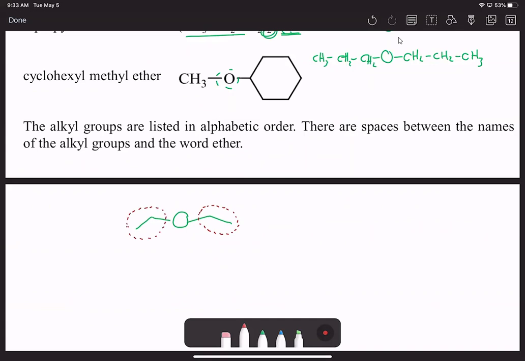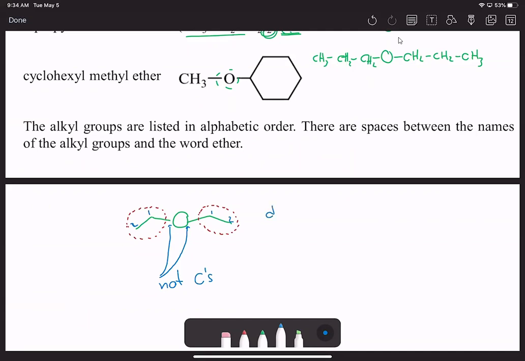Here I have my 2 branches, and these are 2 ethyl groups, and I want to make a note that this and this are not carbons. Here's carbon number 1, 2 for this branch. Here's carbon number 1 and carbon number 2 for this branch. So I have 2 ethyls on here.